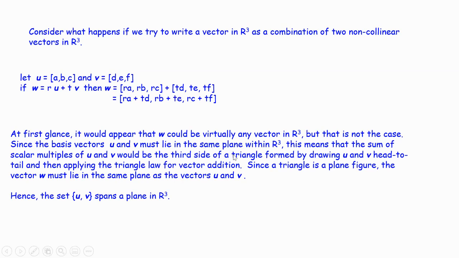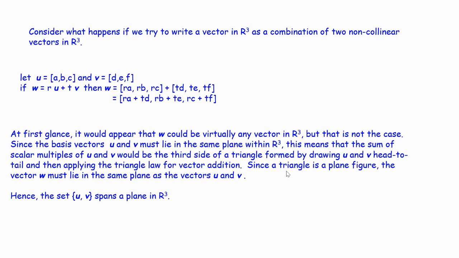The third vector that you've created would just be the third side of a triangle formed by drawing those vectors, and you would end up with just simply a plane figure, a triangle sitting on a plane in 3 space.